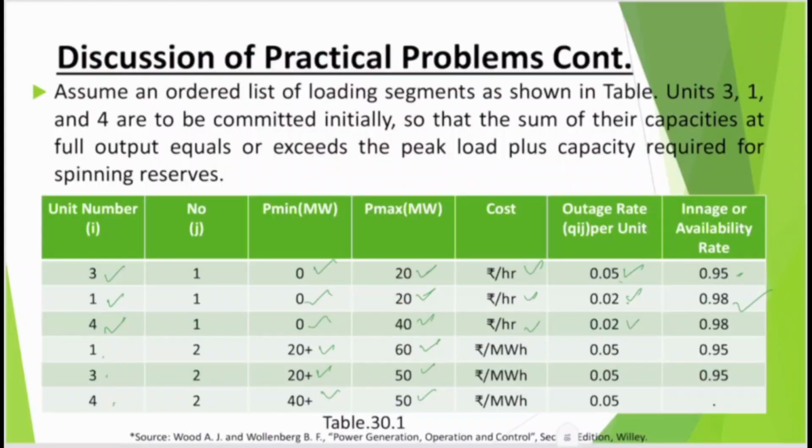When the number of units is more, naturally the maximum limit is going to change, as well as the cost function, whether it is a cost characteristic in rupees per hour or an incremental cost characteristic. And we can have outage rate with reference to incremental cost characteristics, or we can have outage rate with respect to simple cost characteristics.